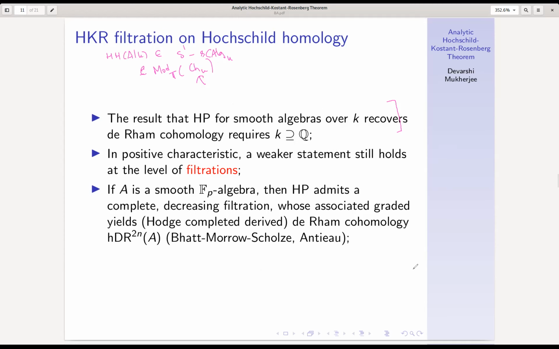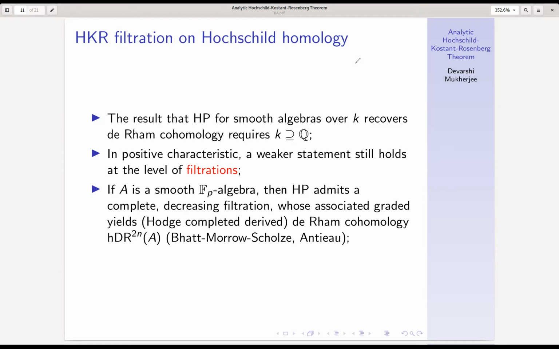Okay, now, what do we mean by filtrations? Well, we don't need to bring in filtrations if we stick within the realm of characteristic zero. But it turns out that things get far more complicated and intricate if we want to work either integrally or in positive characteristic.